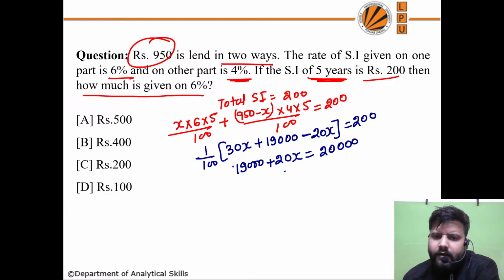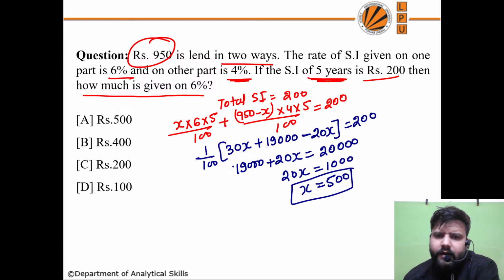So from here 20x is equal to 1000. So the value of x is 500. It means the sum which was lent at 6% is 500. Got it? I hope everyone got it.